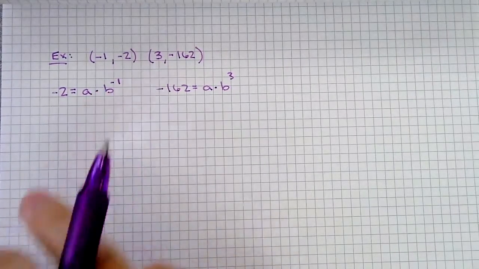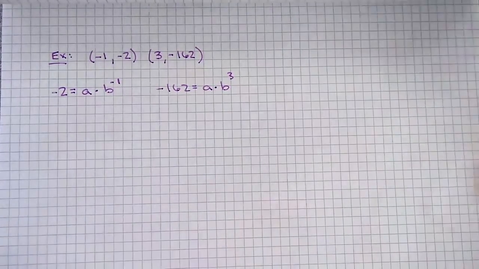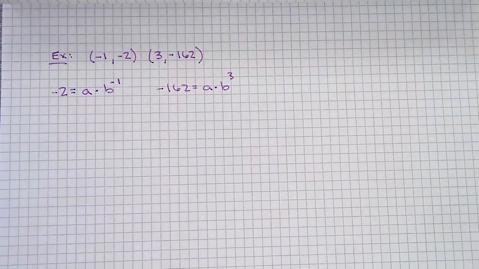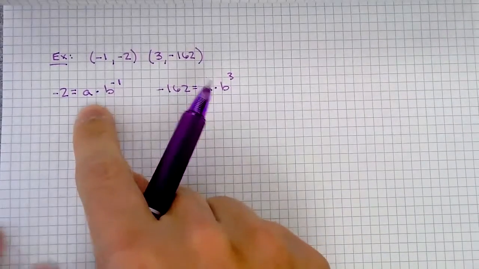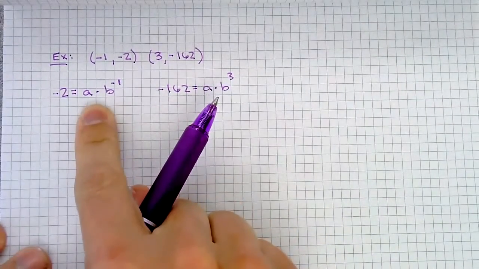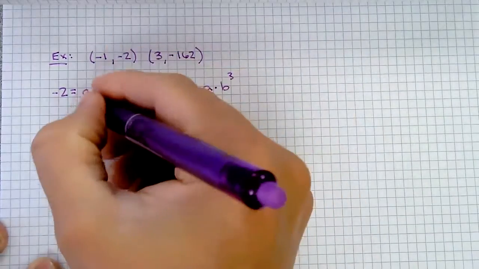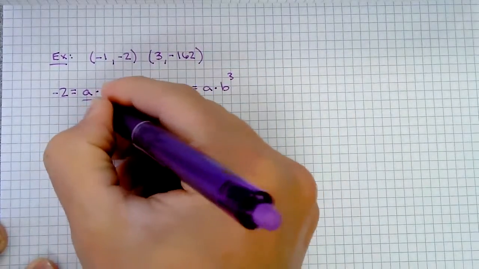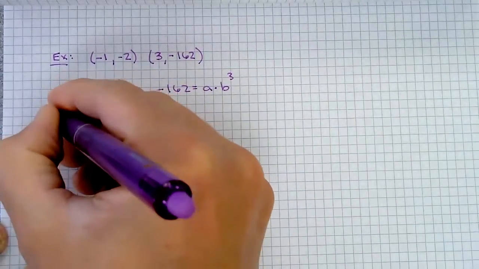Okay, so we're going to want to do basically what we did last chapter, which was solving systems of equations. So we want to get a variable on a side by itself. If we take a look at this first one, I want to divide both sides by b to the negative 1.